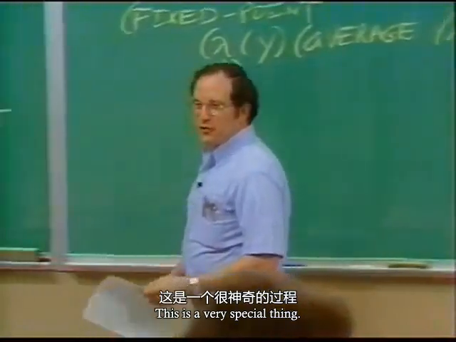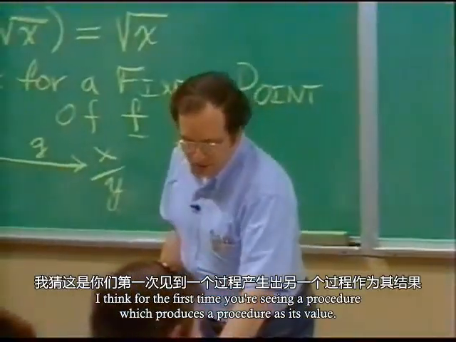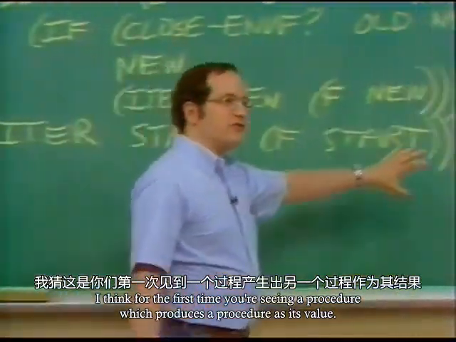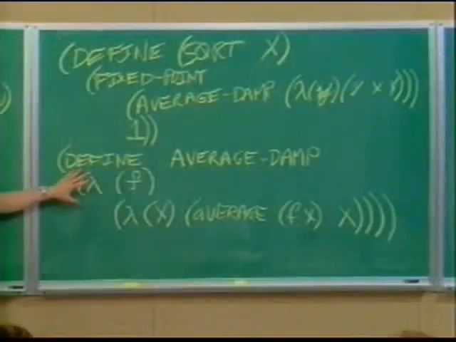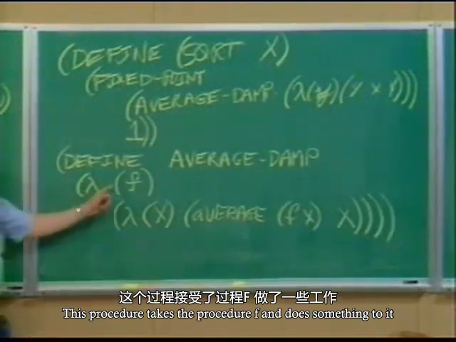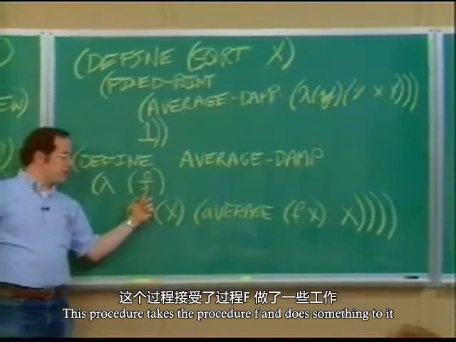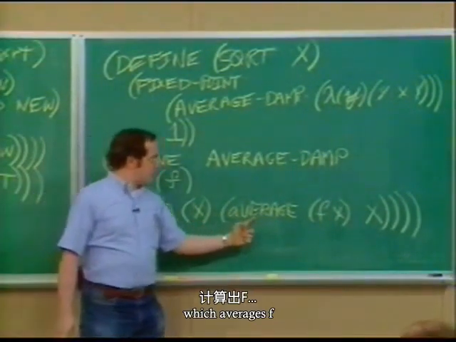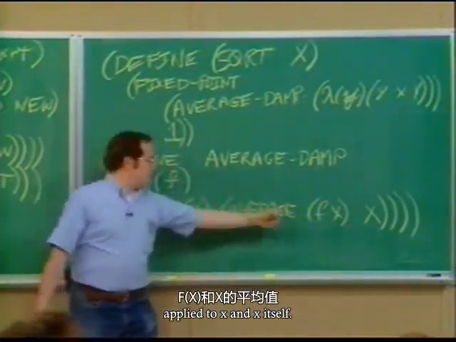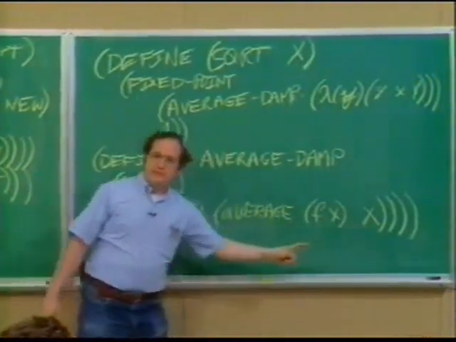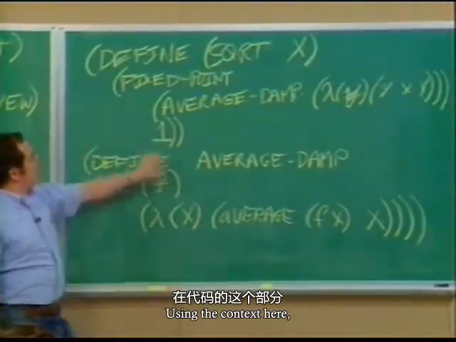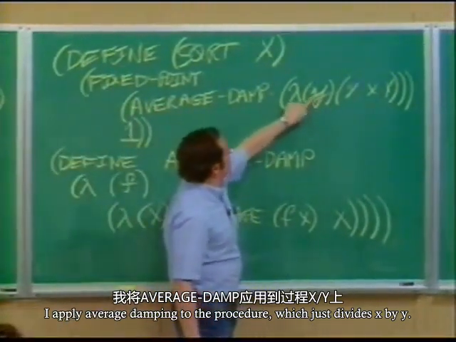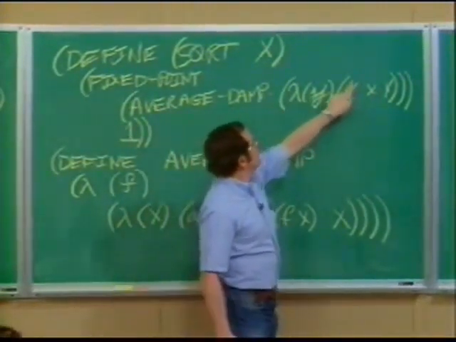This is a very special thing. I think for the first time you're seeing a procedure which produces a procedure as its value. And this procedure takes a procedure f and does something to it to produce a new procedure of one argument x, which averages f, this f, applied to x and x itself. Used in the context here, I apply average damping to the procedure which just divides x by y.